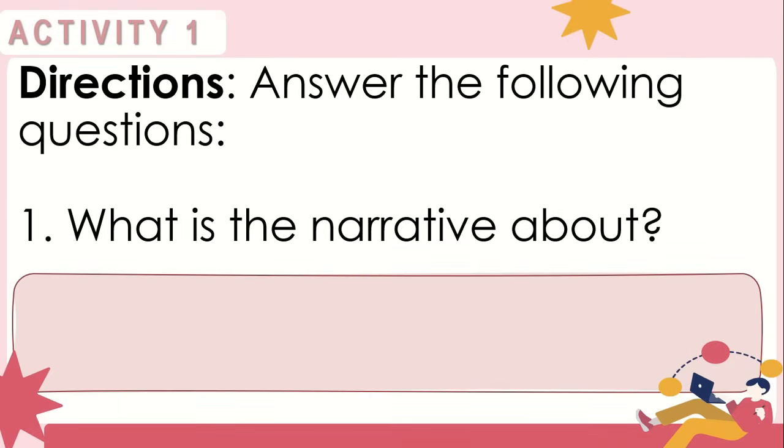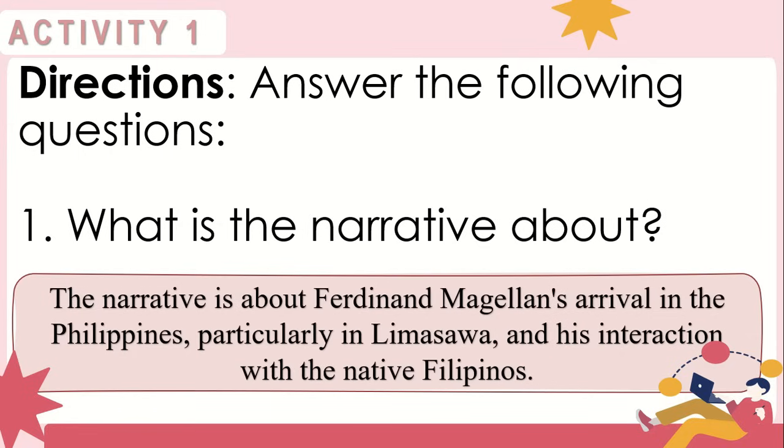For Activity 1, let's now answer the guide questions presented earlier. What is the narrative about? You're right. The narrative is about Ferdinand Magellan's arrival in the Philippines, particularly in Limasawa, and his interaction with the native Filipinos.